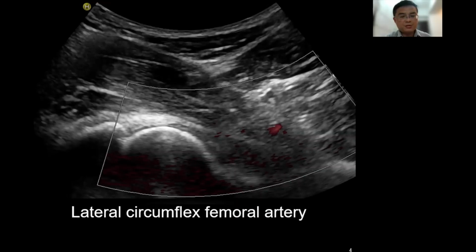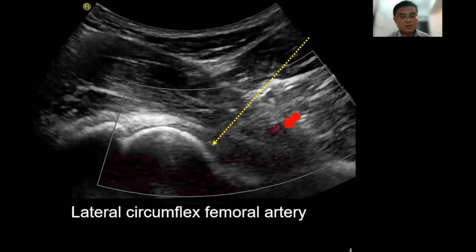So if you want to do the injection, you have to check where the artery is located, and then you insert your needle from the caudal to the cranial direction, and then you can let your needle dock at the junction between the femoral head and the femoral neck.